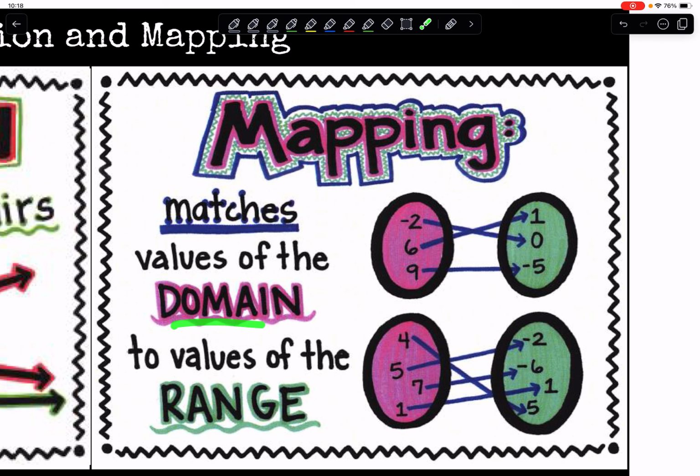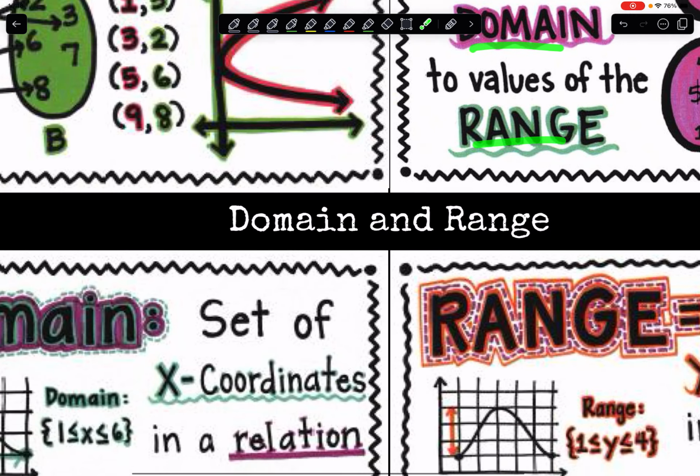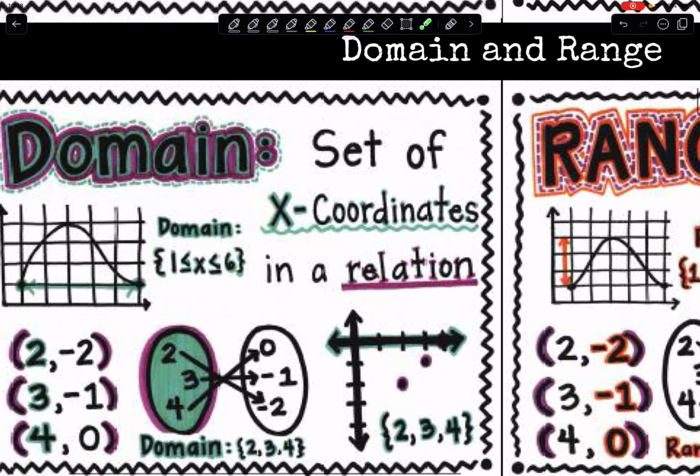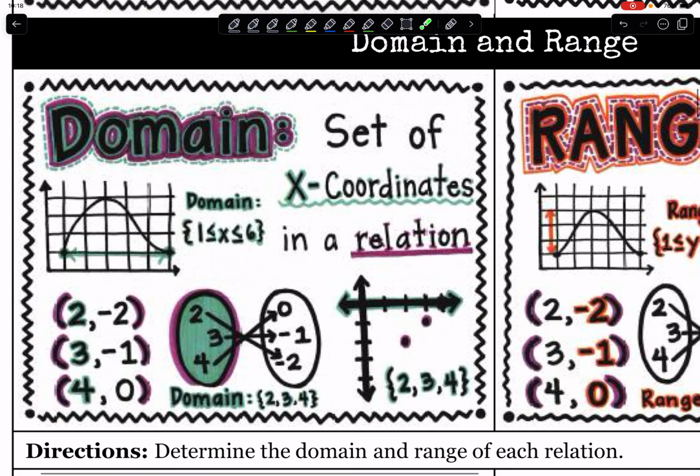Now, what is the domain and the range? Well, your domain of any relation is the x coordinates in that relation, the first element, whether the relation is represented in a graph, an ordered pair, or a mapping. It's always going to be the first element of that relation.